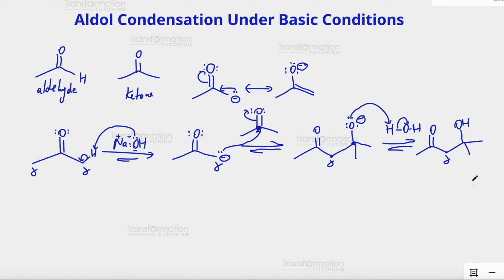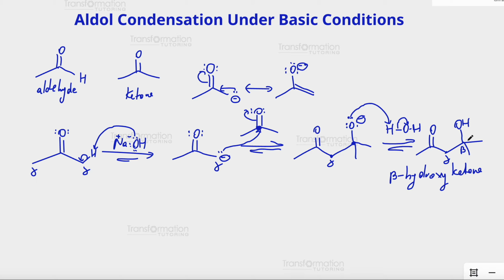We said this carbon was alpha, and this carbon will be beta, alpha beta. This product is called beta keto... I'm sorry, not beta keto, I'm wrong. It's called beta hydroxy because there is an OH group on the beta carbon ketone. So this product is called beta hydroxy ketone.